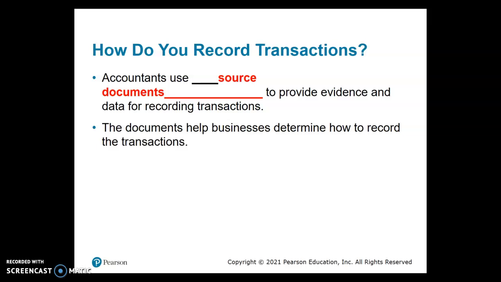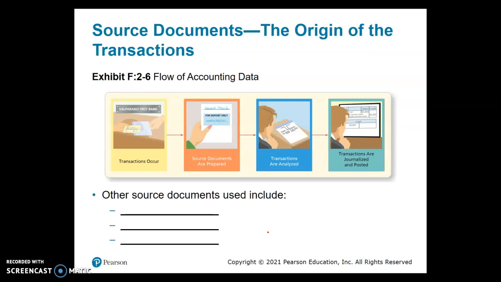These documents help businesses determine how to record the transactions. These source documents could be a check, an invoice, a receipt, or a loan document. Anything that is going to provide us information to help the accountant analyze the transaction and put it into a journal entry. So the next slide is going to give us examples of source documents.